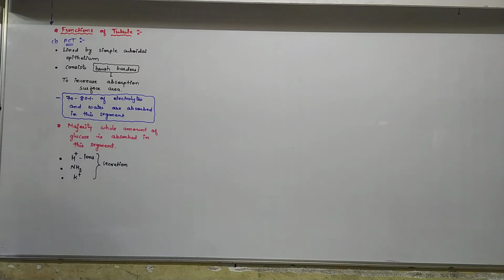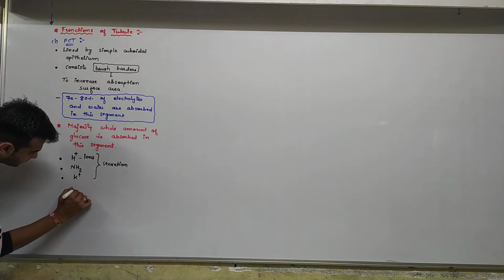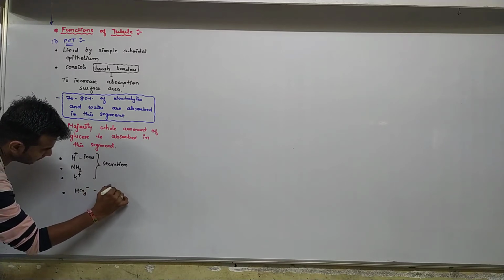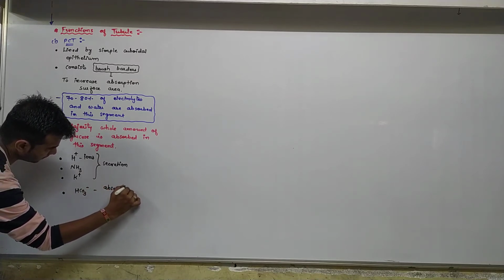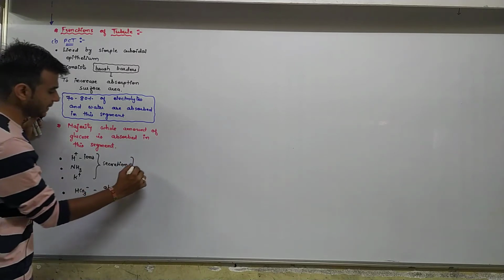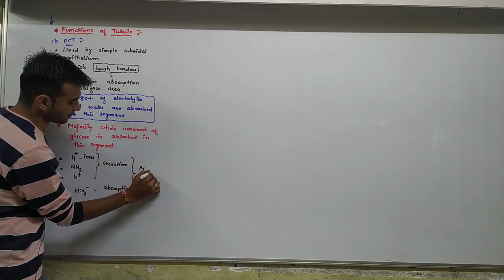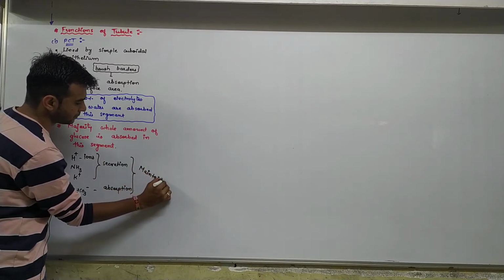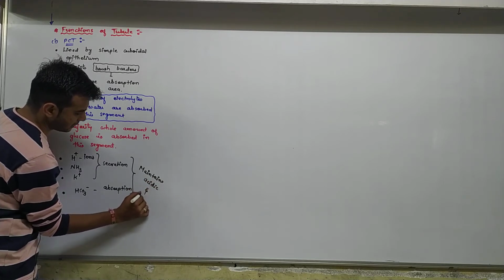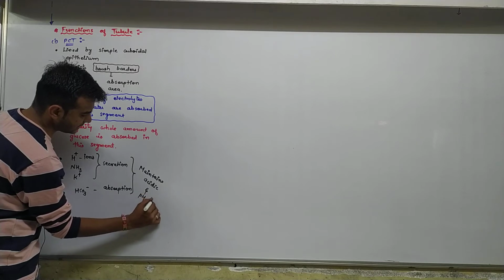By secretion of hydrogen ions, ammonia and potassium, as well as HCO3 minus absorption, it maintains the acid and pH balance in the body.